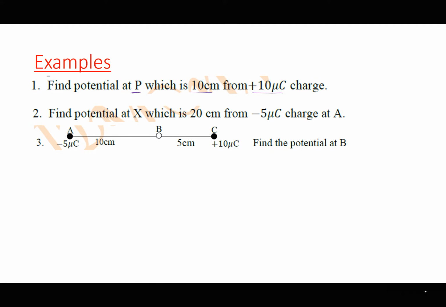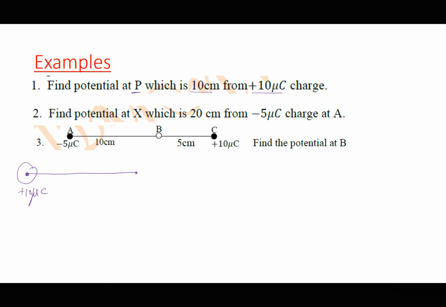So in our solution, since we are starting, maybe some of us learn by seeing pictures, so I can try to put this in a picture. There is a large charge creating the field here, which I'm calling positive 10 microcoulombs.